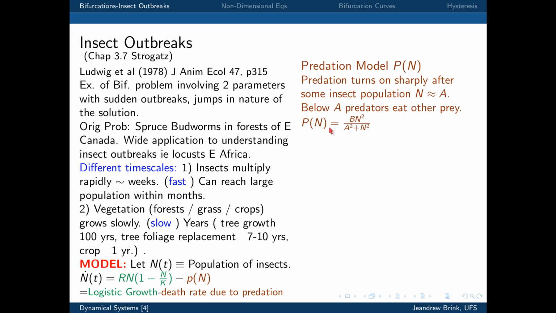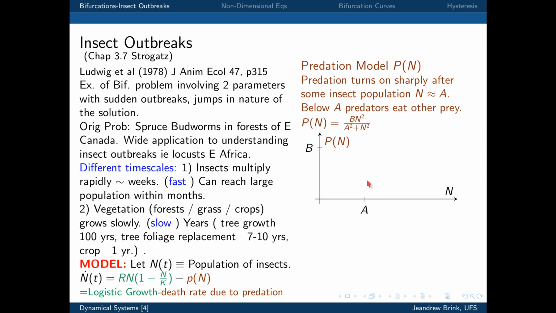And so eventually, for a fixed number of budworms and a fixed number of birds, because the birds multiply much slower than the budworms, there's only a maximum number of budworms that the birds can eat. And that maximum we're going to call B. Okay, so this is the functional form that they chose to explore for this particular model. And the reasoning behind that is just what I've said.